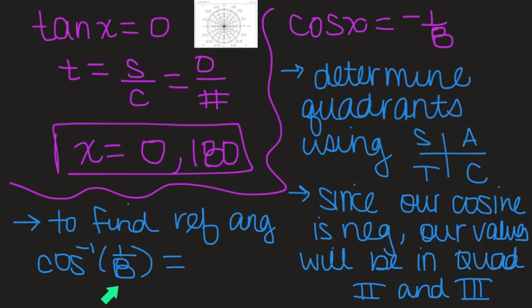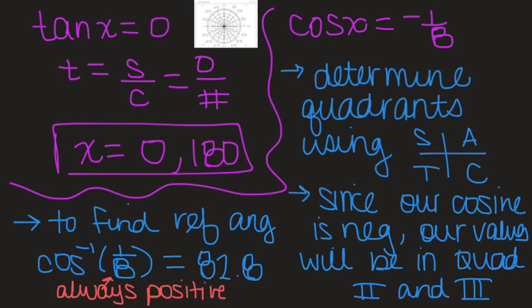We use the value to decide our reference angle. So we're going to plug this into a calculator, and I'm going to get 82.8 degrees. I do want you to remember that this is always positive, no matter what. So we have our reference angle, we have our quadrants.